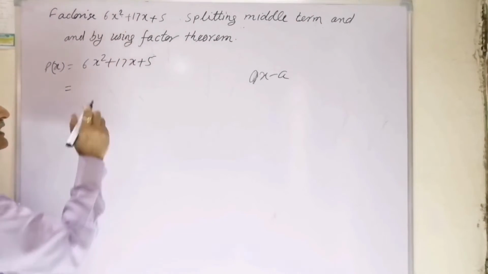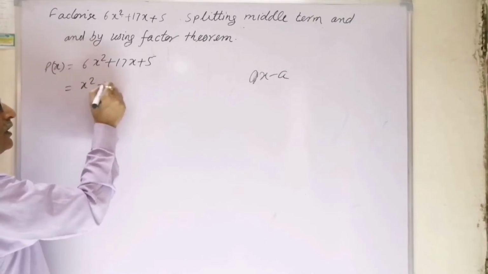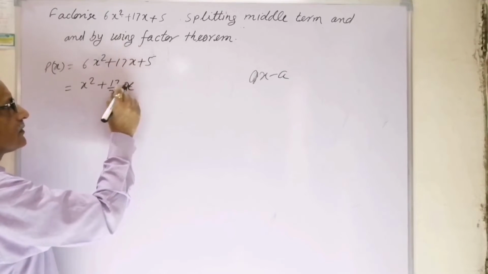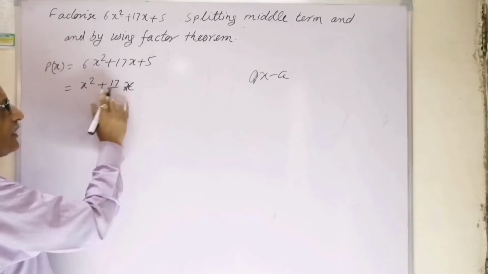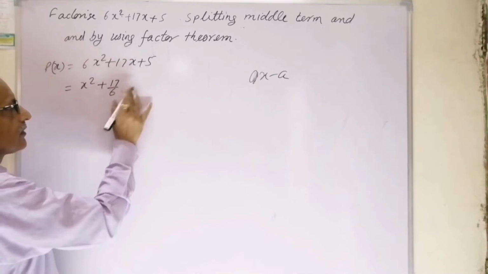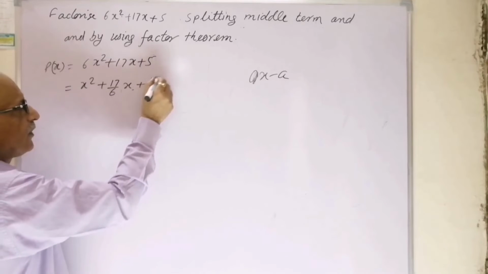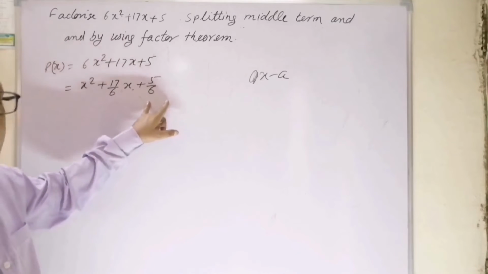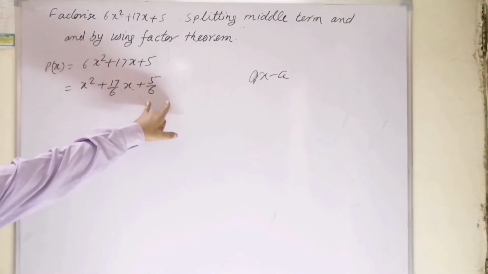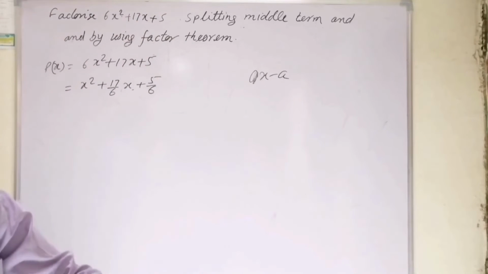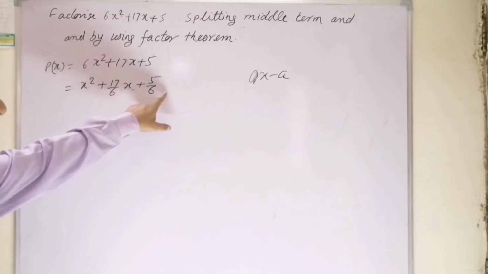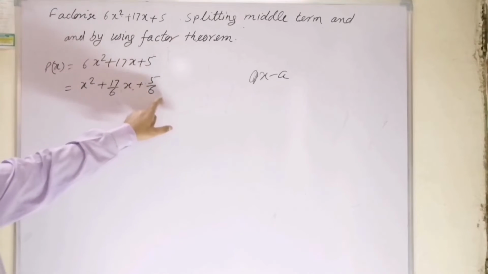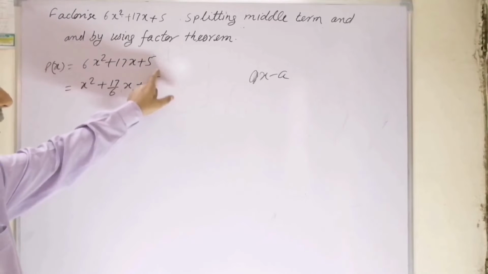Every term divided by 6, so we'll get x square plus 17 upon 6 into x plus 5 upon 6. Again remember what I said in the previous question: we have to guess the factors from here only.